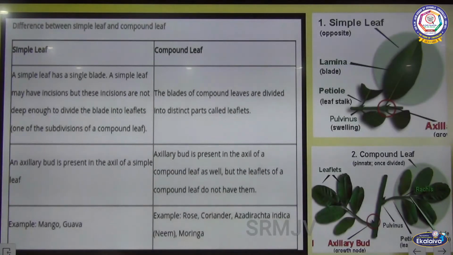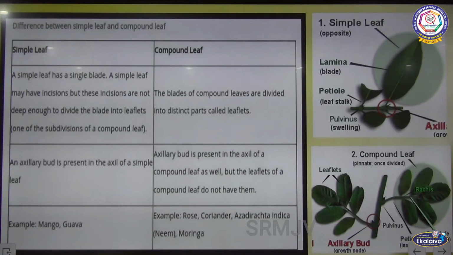And you can see the red circular portion, that is the axillary bud. Where is the axillary bud? The axillary bud is present at the base of the rachis. The stalk on which the leaflets are borne, you call it rachis.